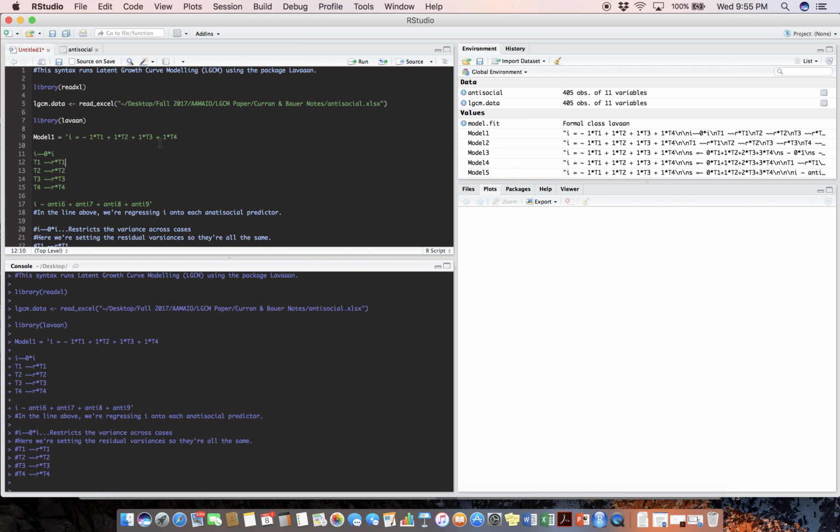This is the time intercept, where we are regressing our I, our intercept, onto each respective time point. And we're multiplying each time point by 1 so that we get mean estimations for each individual time point.